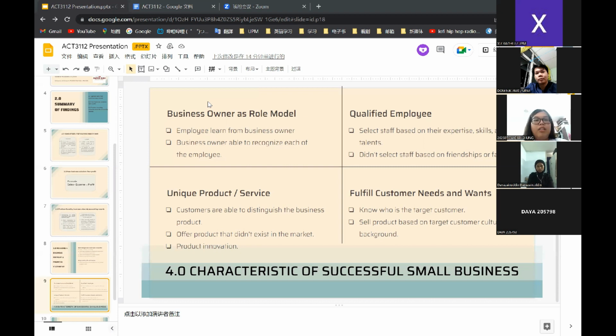Last but not least, a successful small business should offer products that fulfill the customer's needs and wants. When a business captures who its target customers are, it is able to fulfill their cultural background, such as labeling some halal products for Muslim customers.